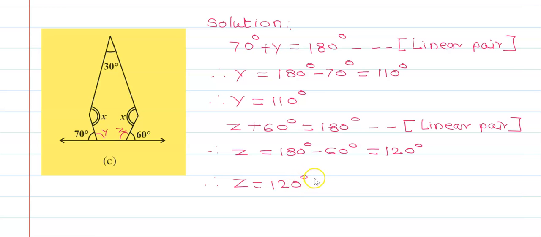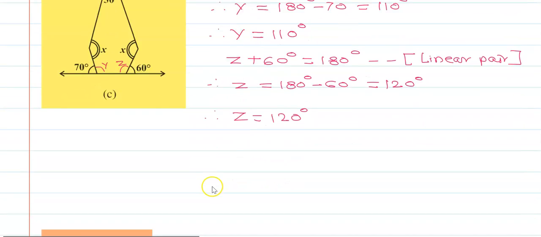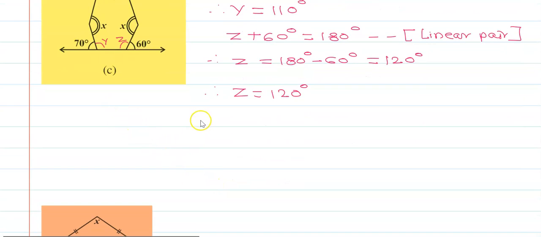Now, this is not the quadrilateral, it is a pentagon. Therefore, we will find out the angle sum of a polygon having n sides.